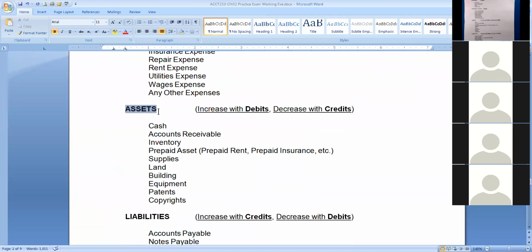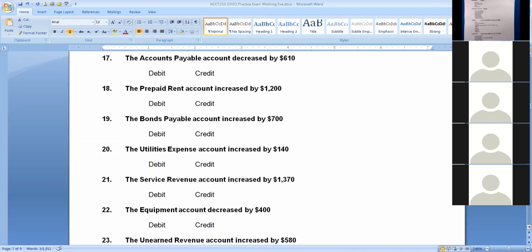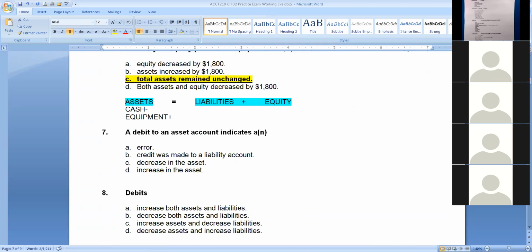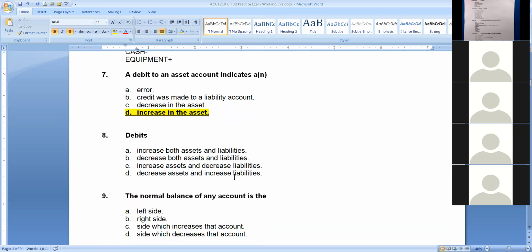An asset account, a debit means increase. So now I forgot which one it was. Yeah, someone said D. Debits.